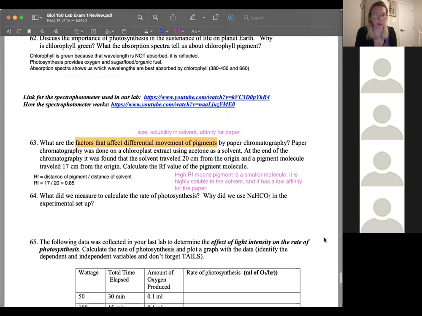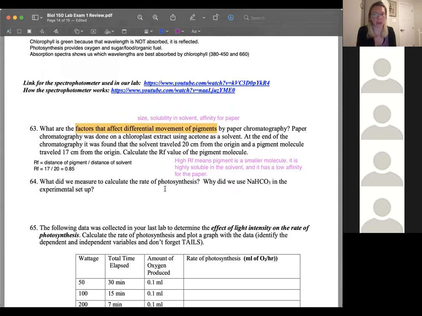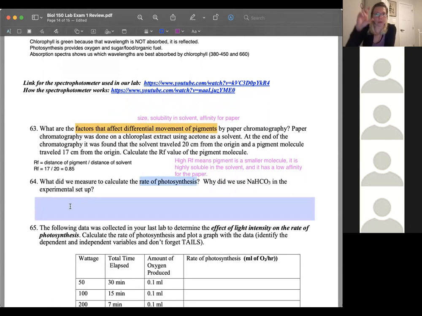Okay, so let's talk about how we calculated the rate of photosynthesis. This setup was the Elodea plant in the tube of water, and then you put a big lamp right in front of it. So what did we measure there for rate of photosynthesis?